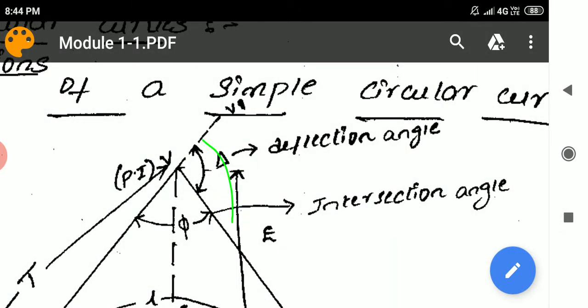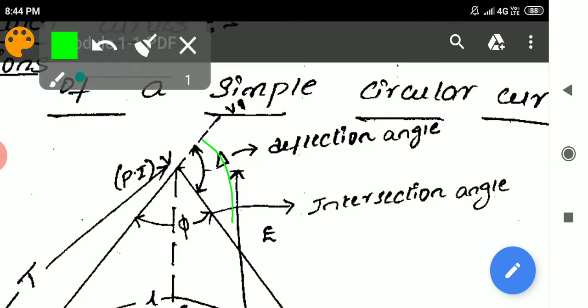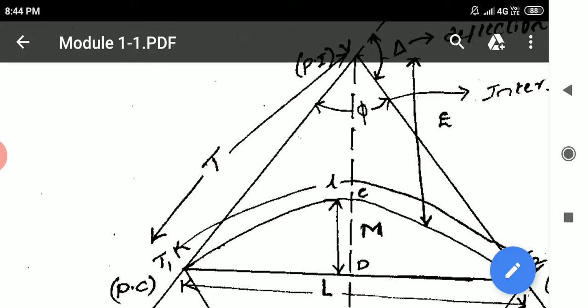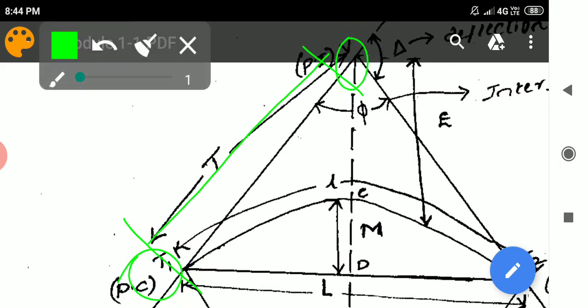Next one is the tangent distance. T is the tangent distance. It is the distance between the point of curve and the point of intersection.